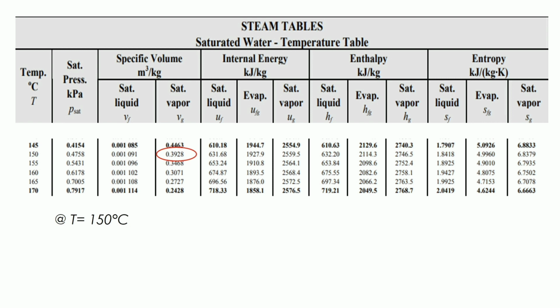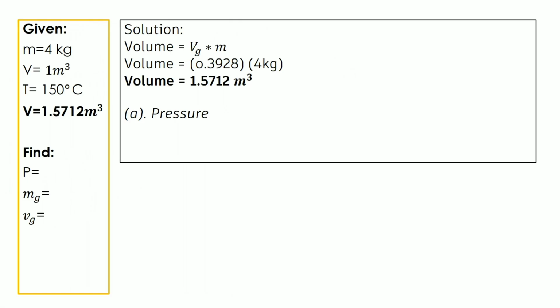As we proceed to solving the problem, we need to list the given, and after listing the given, we are now going to find the total volume of that water, since a while ago we already located the saturated vapor of the heated water at 150 degrees Celsius.